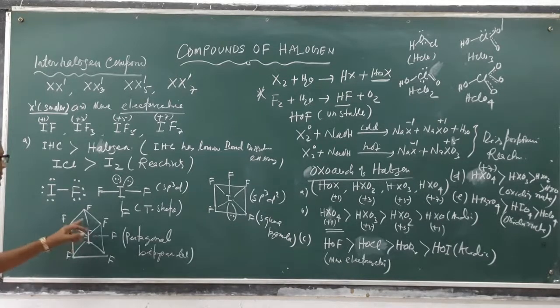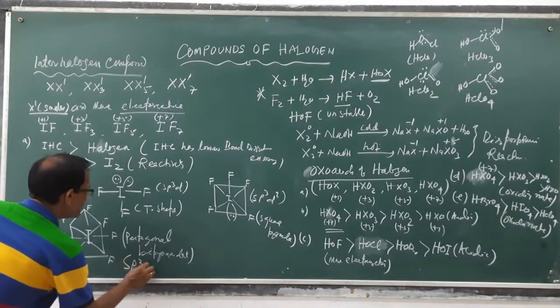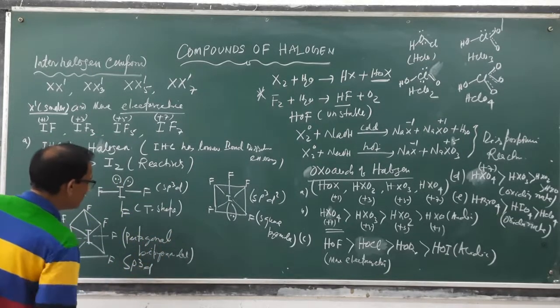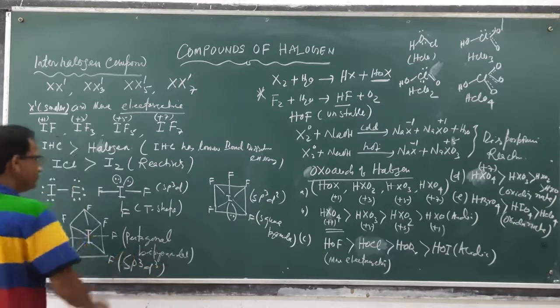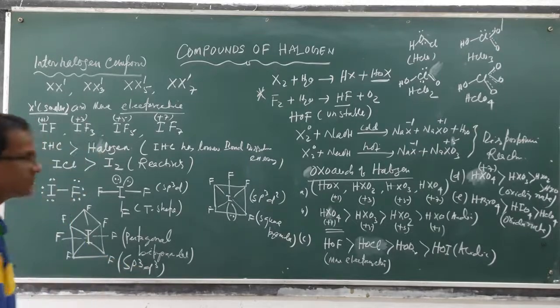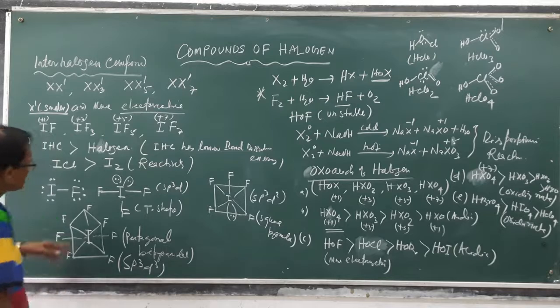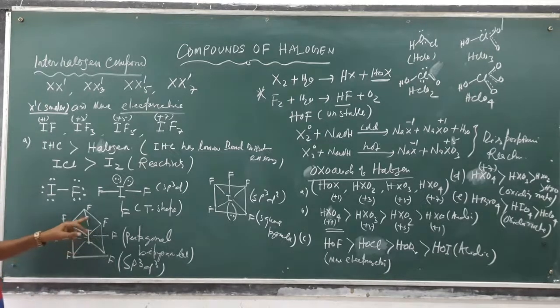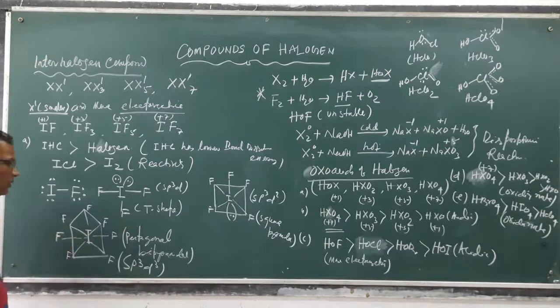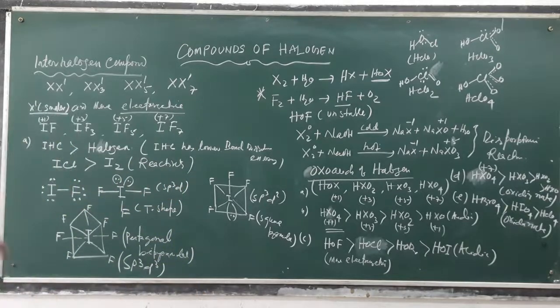That means the hybridization is, totally how much? 7 bond pairs means the hybridization is sp3d3. sp3d, sp3d2, sp3d3. So you can say 1, 2, 3, 4, 5, 6, 7 positions. So IF7 is a pentagonal bipyramid, that is sp3d3 hybridization.